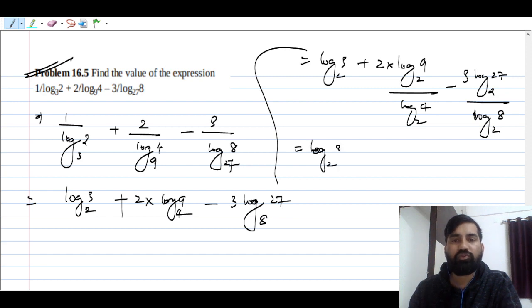log base 2 3 plus, इसको हम लिख सकते हैं log 9 base 2 only, and we can write this as log 27 base 2.